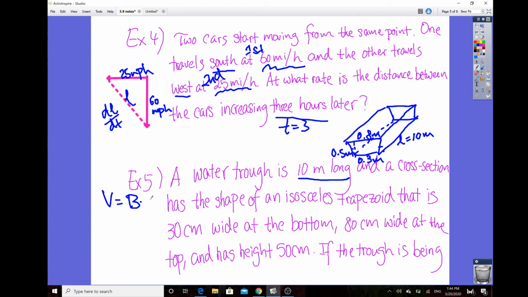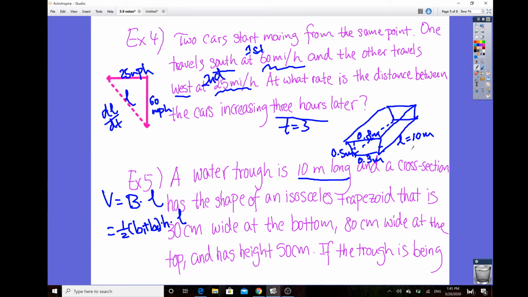The height of the prism, which is here, is L. To find the area of the base, we know that's an isosceles trapezoid, so the area is 1/2 times the upper base plus the lower base times the height. That takes care of the area of the base of the trapezoid. And then L, which is the length of the water trough, is 10 meters.